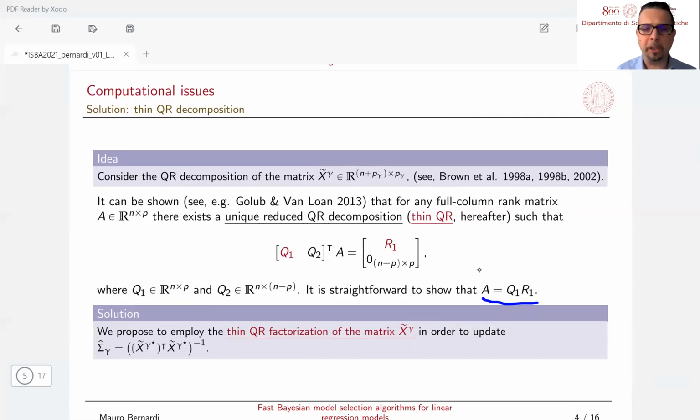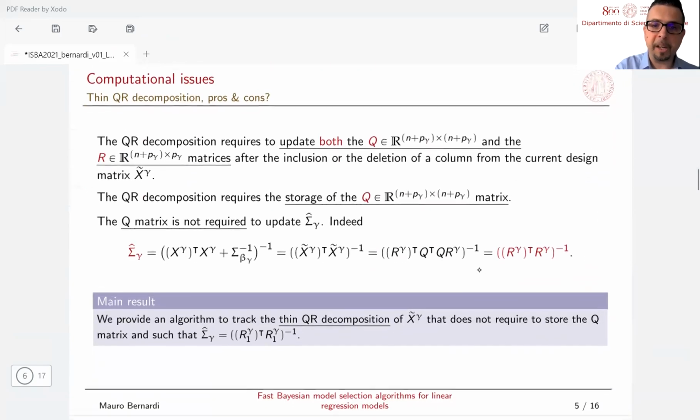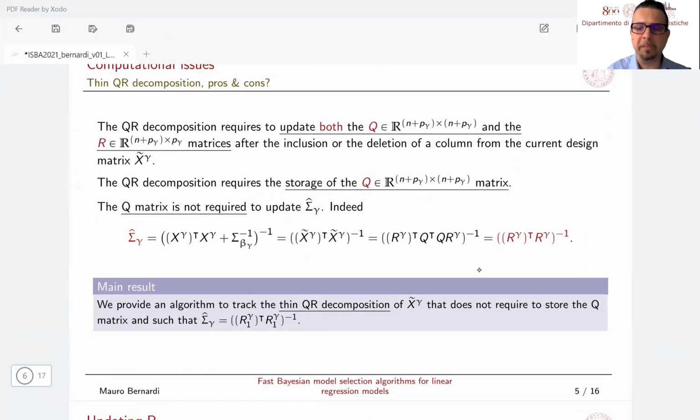So we employ the thin QR decomposition of x tilde gamma in order to update the inverse of x tilde x. There are several reasons that motivate the use of the thin QR decomposition instead of the full QR decomposition.